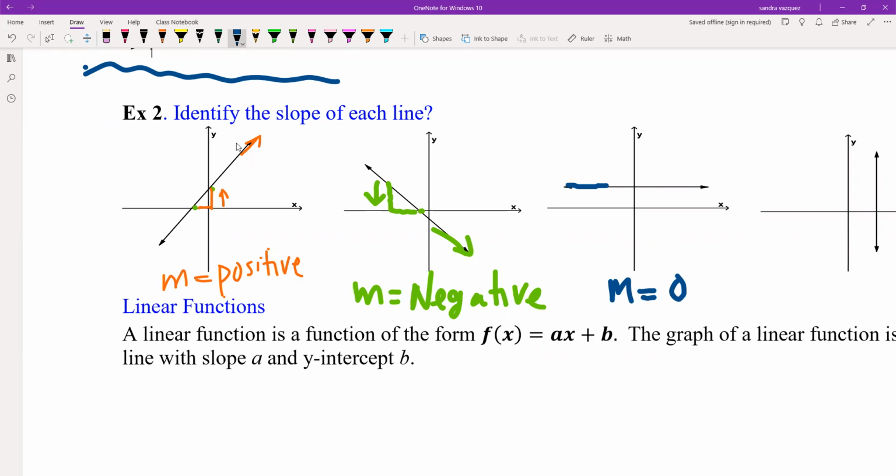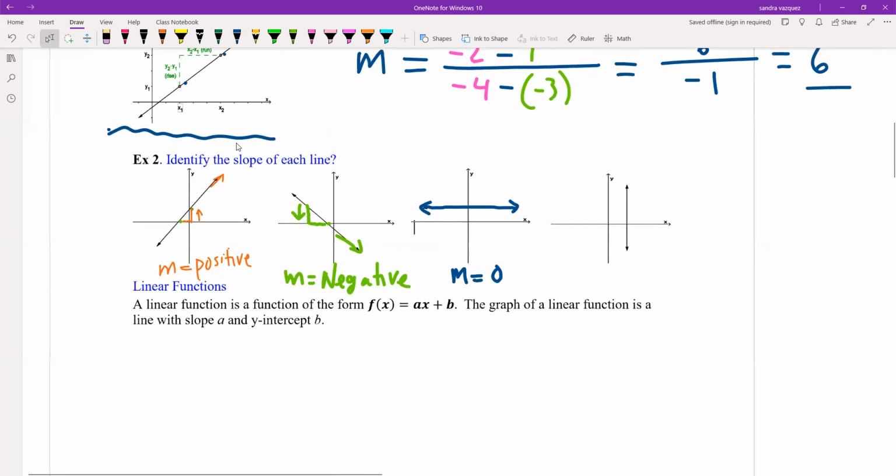I am not moving anywhere, I'm just here. And then last, if I want to rise, think of you trying to climb the wall. You are not able to climb the wall, neither am I. So then our slope in this case is undefined.